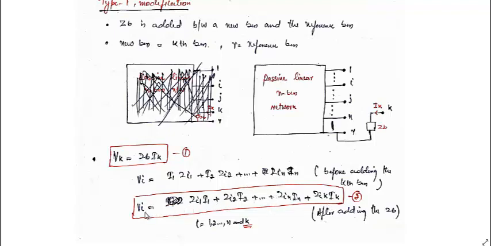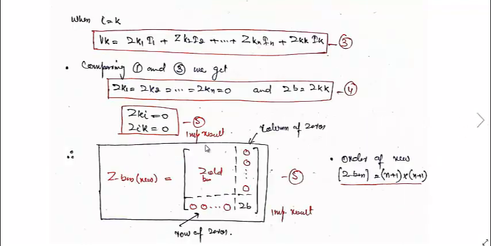For i equal to 1, V1 is Z11 I1 plus Z12 I2 plus Z1N In plus Z1K Ik. Since Z1K is equal to 0, Zik will also be equal to 0.